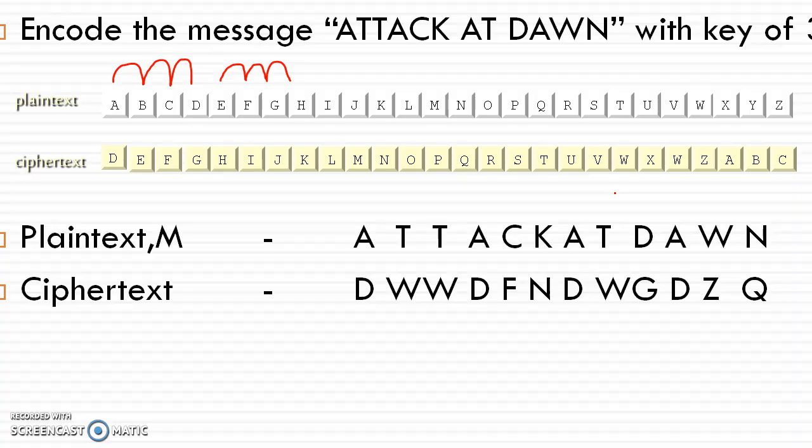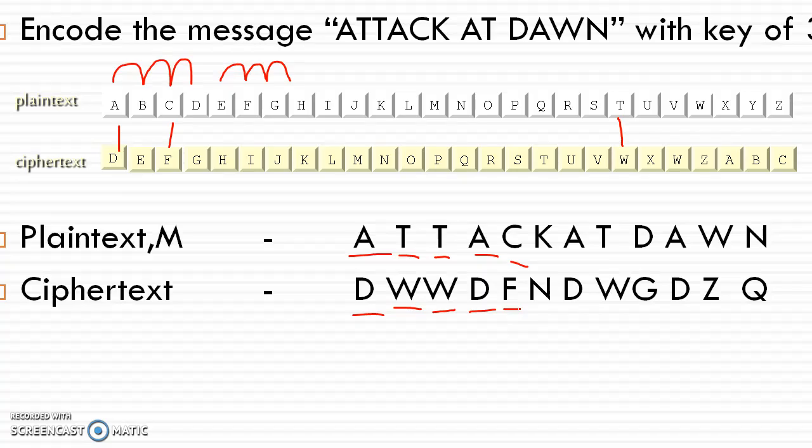According to this table, the first letter in the plain text is A, and A's corresponding ciphertext letter is D. So A should be replaced with the character D. Now T should be replaced with the character W. Again A should be replaced with the character D. Then C should be replaced with the character F, like that. In this way, you have to encrypt your message.